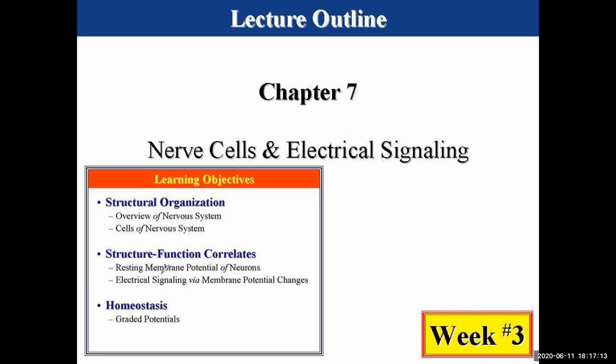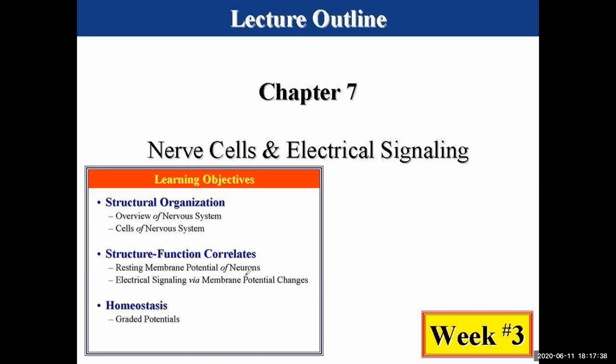So we're going to talk about electrical signaling. And that electrical signaling is possible just by changing the membrane potential. So you change a resting membrane potential to a new value, and that can be utilized as a signaling mechanism.